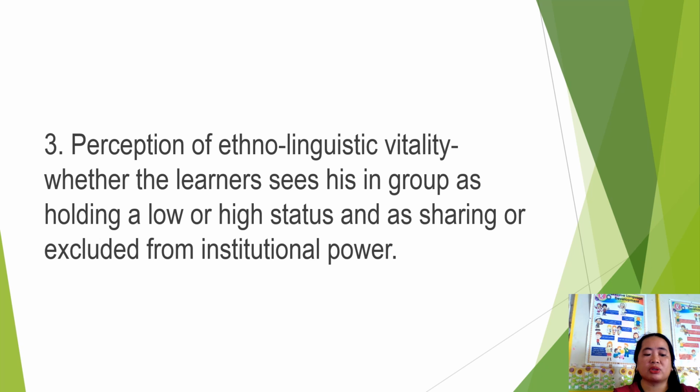It involves factors like the size of the group, institutional support for the language and the group, and economic and social standing. High vitality can encourage speakers to maintain their language, while low vitality may lead to language shift.